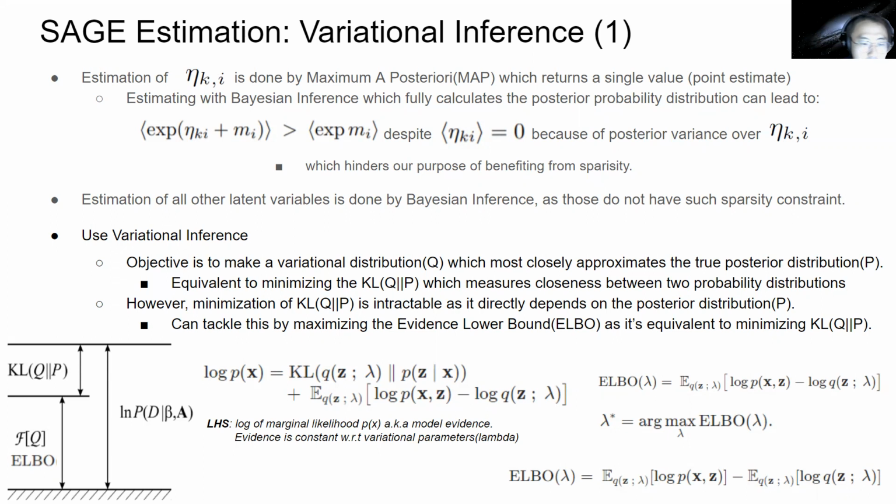The thing is that the sum of the KL divergence and the evidence lower bound, aka ELBO, is equal to the log of the marginal likelihood, which is constant with respect to the variational parameters. That means if the KL divergence goes to its max, then the lower bound becomes 0, and if the lower bound hits its max, then the KL divergence becomes 0, right?